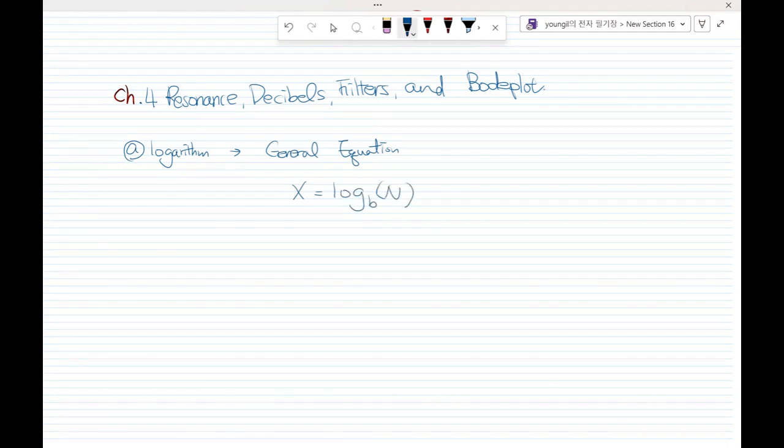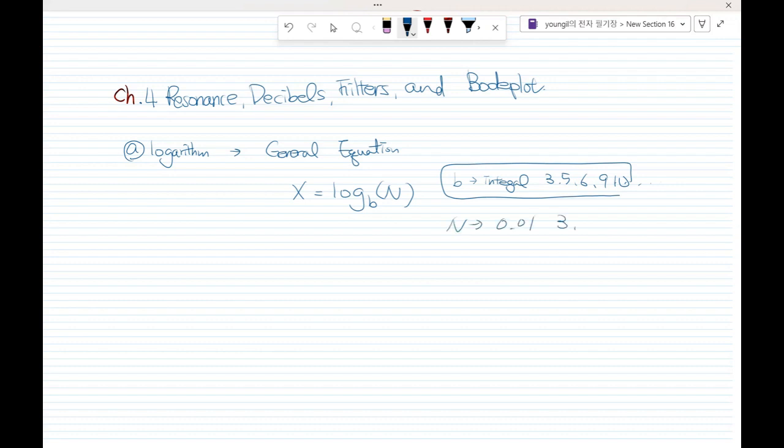Here b is usually an integer, like 3, 5, 6, 9, 10, whatever.